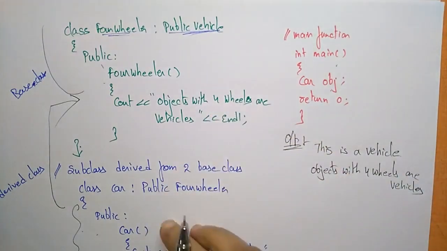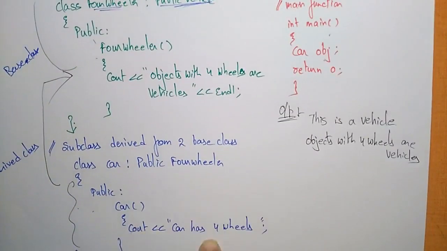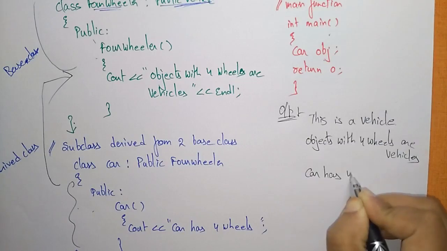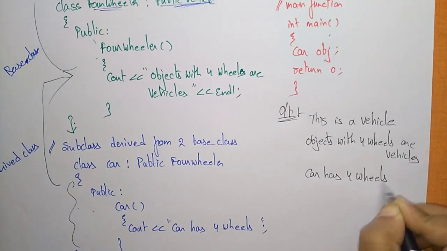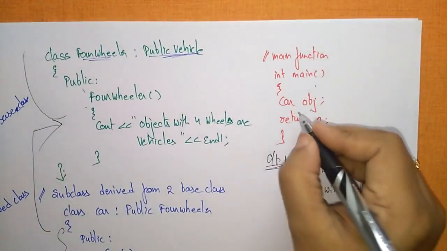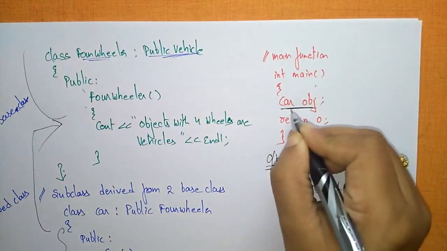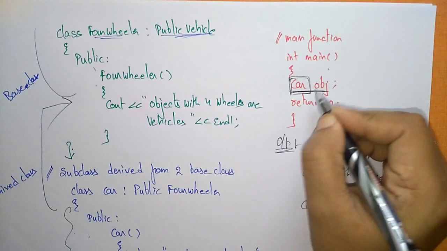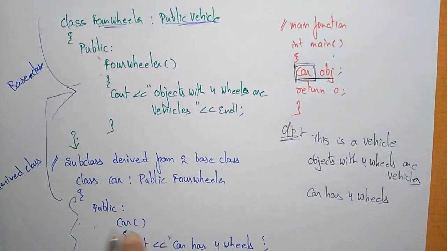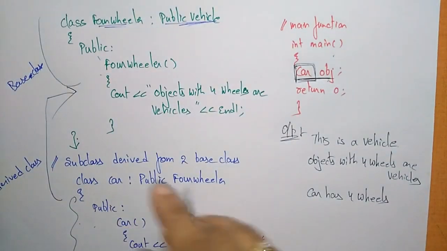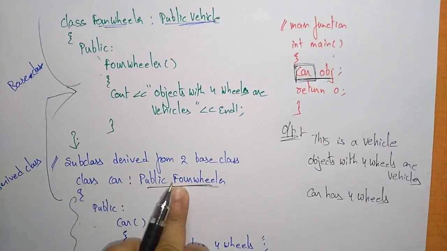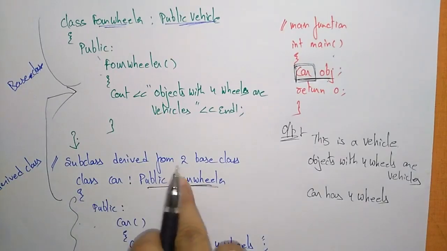After this it comes to the subclass, which prints: car has four wheels. So this will be the output. Whenever I create an object of the subclass, instead of printing its message first, it enters public four-wheeler, because the class car first inherits the properties of four-wheeler.